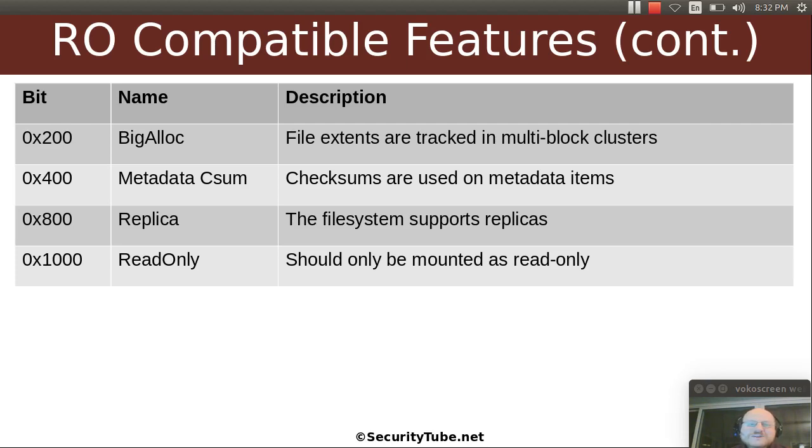We'll talk more about extents in a future video. But essentially what extents do is allow you to more efficiently store large files by storing essentially a list of sectors, or in the case of big alloc, a list of clusters.